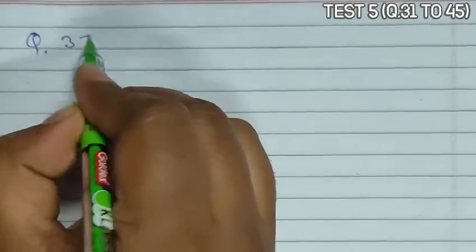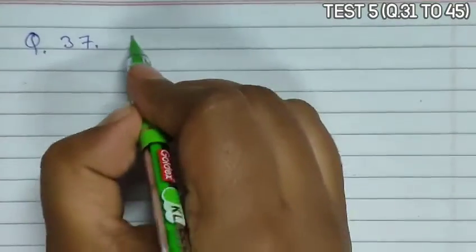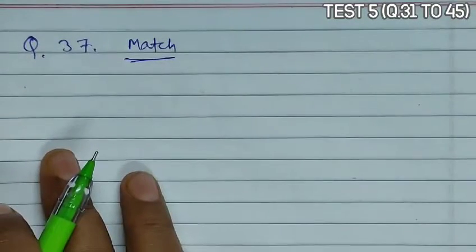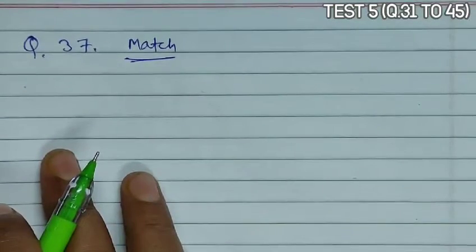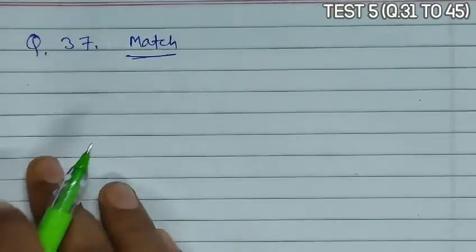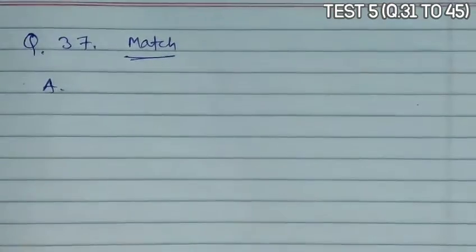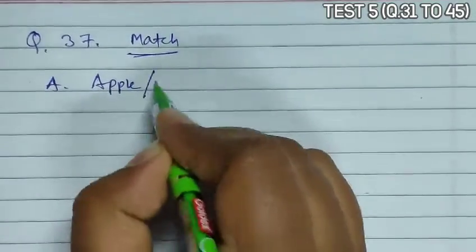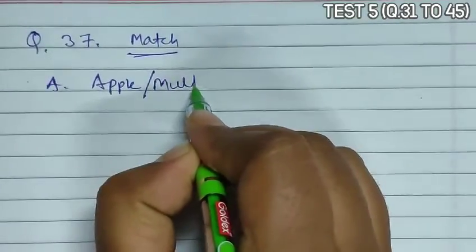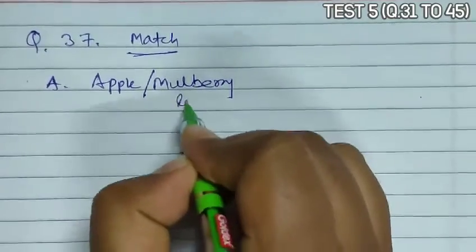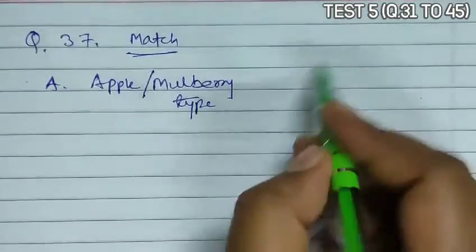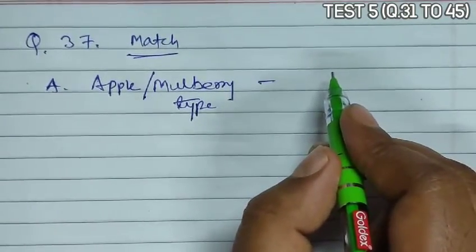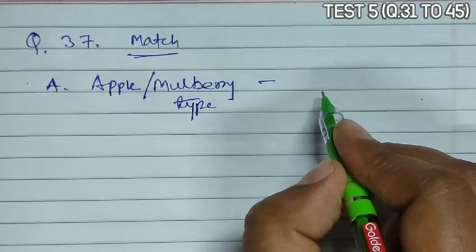Question 37 is match the following, and here we have to match column 1 and column 2 with respect to the type of stomata. Now A in column 1 is apple or mulberry type of stomata. Apple and mulberry type of stomata are hypostomatic, so they are found on the lower surface.